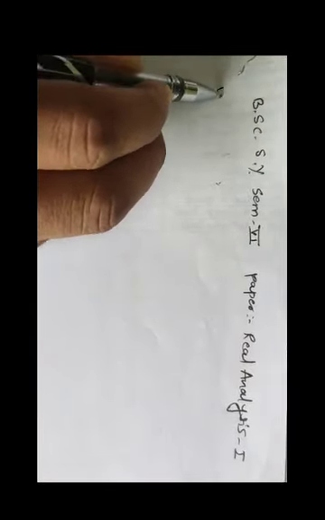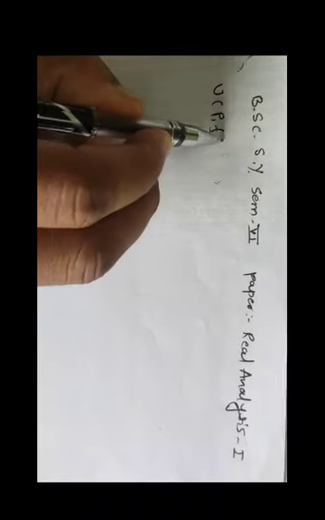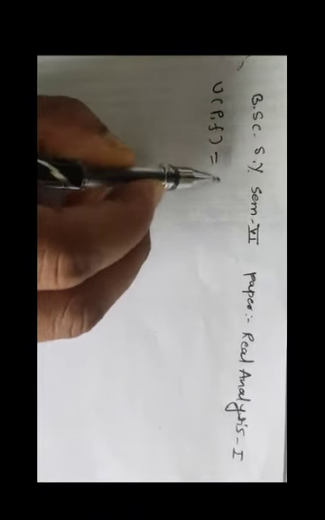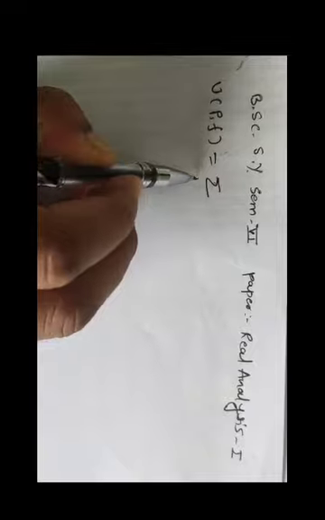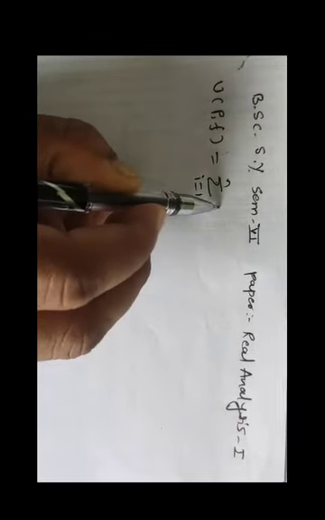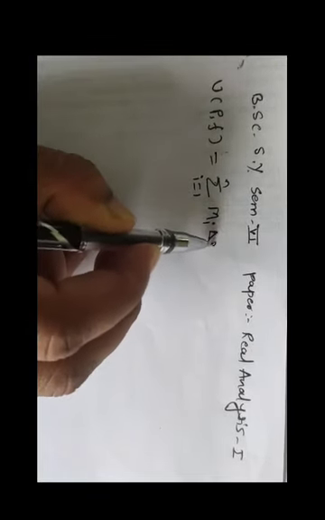So students, in the last lecture we discussed what is meant by U(P,f) and what is meant by L(P,f). So what is the U(P,f)? U(P,f) is the summation, i runs from 1 to n, of capital Mi delta xi.